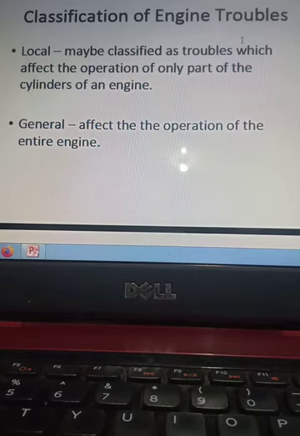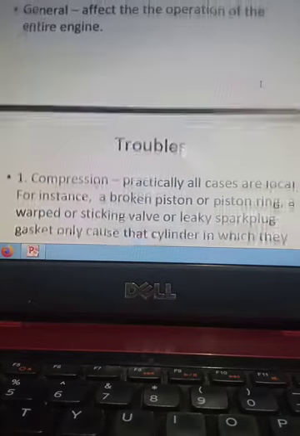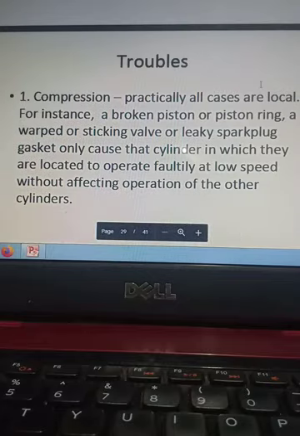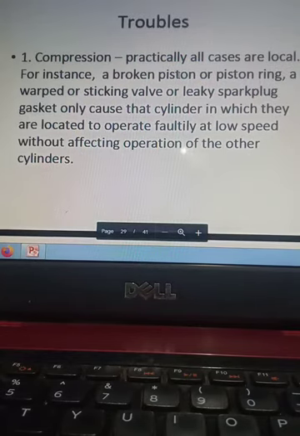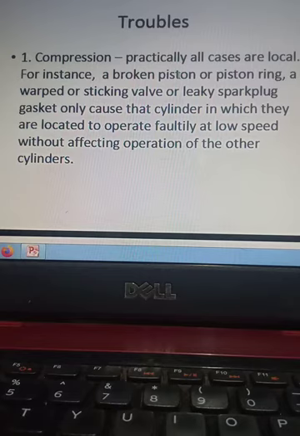So, we have here the troubles. No? We have here for the compression, number 1, for the compression troubles, mostly, practically, all cases are local.